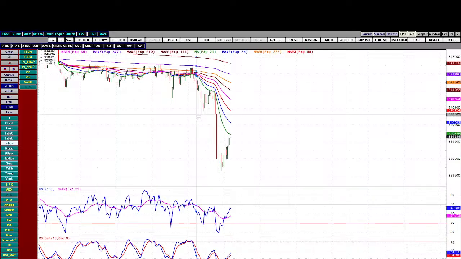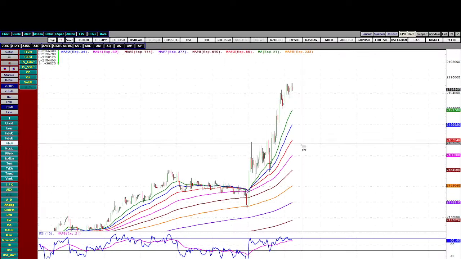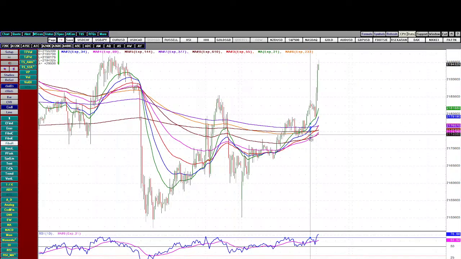I want to hold that sell, then later I want to reverse it. For my Nasdaq, I need to do a re-entry.